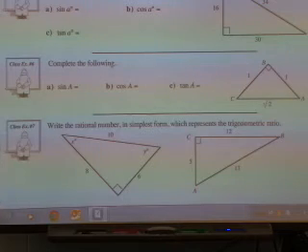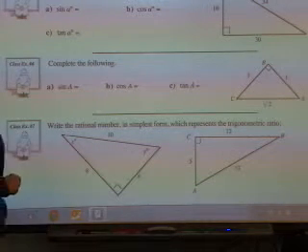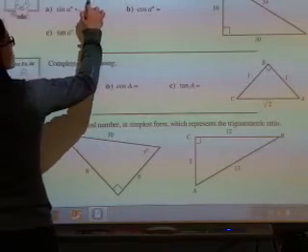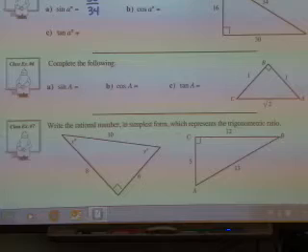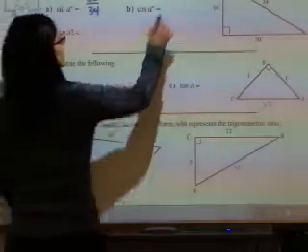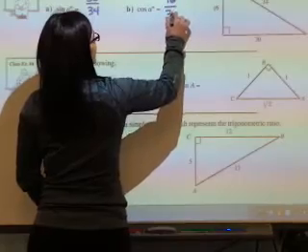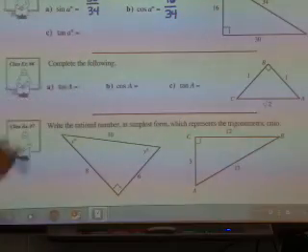What's sine A? Cos A. 16. Good. Okay, from this side of the room, what's tan A?